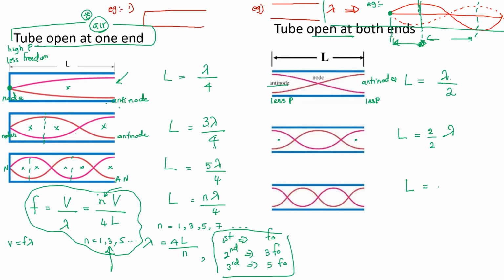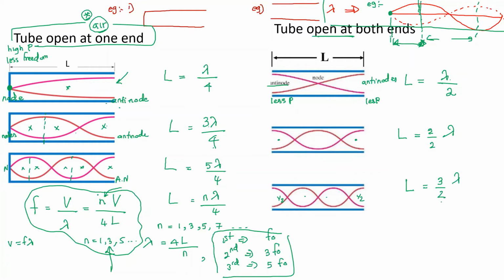So what is going to be your third one? So you are correct, 3 over 2. Why? How many loops? 1, 2, 3 loops, right? Here is a half, here is a half. One loop was half of a lambda. So you have 3 of those.